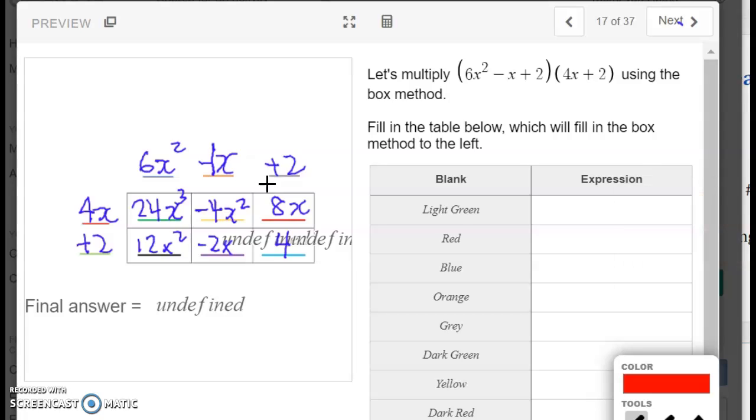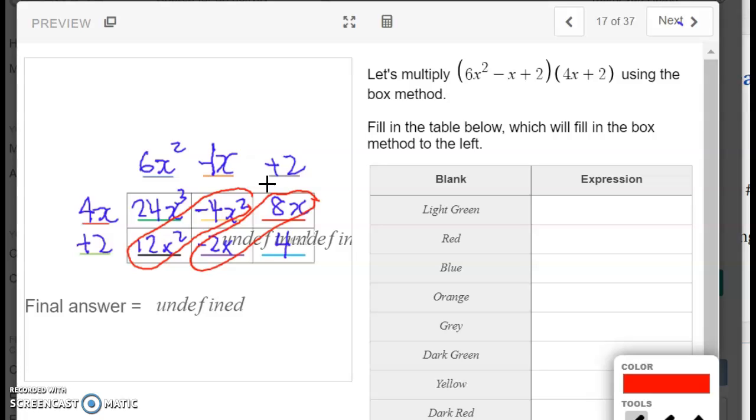So do we have any more x cubed terms? No, we don't. Do we have any x squared terms that I can add? Yes, we do. These two, right? And what about x terms? There are 8x and negative 2x, and there is no other constant.